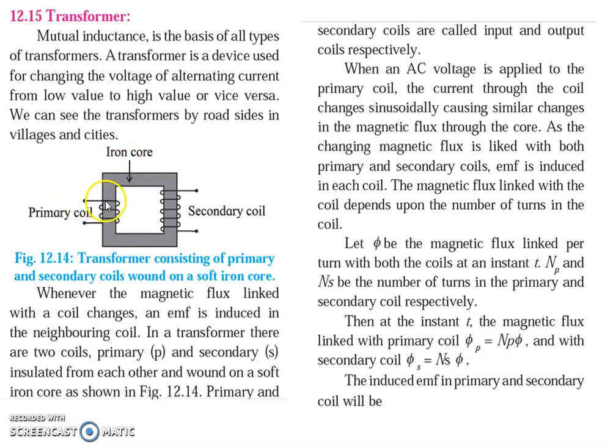Such changes in current cause a change in magnetic flux, and this change in magnetic flux is linked with the other coil, which is the secondary coil. Whenever the magnetic flux lines change in a coil, it induces an EMF. This is called mutual inductance. The change in magnetic flux lines in the secondary coil produces the induced EMF.